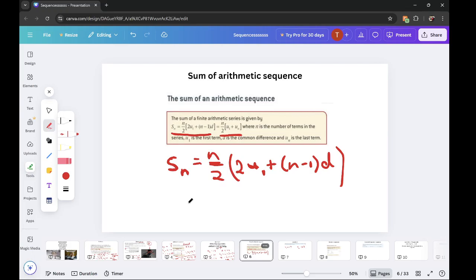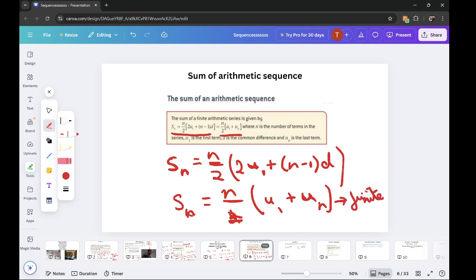And then the less common but still sometimes used in some really challenging questions is this one. This formula is n over 2 times the first term plus u of n. This can only be used in finite sequences, and I want you to keep this in mind.